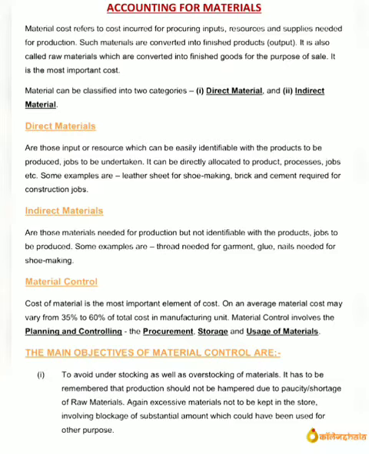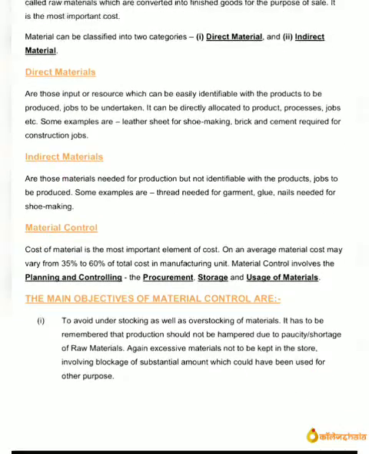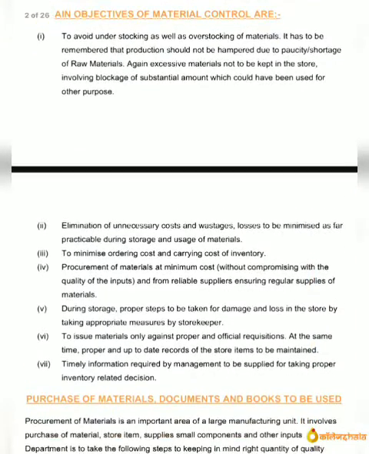Now, the main objectives of material control are discussed here. Number one, to avoid understocking as well as overstocking of material. That means we should not procure stock in large quantities, most of which are not being used.